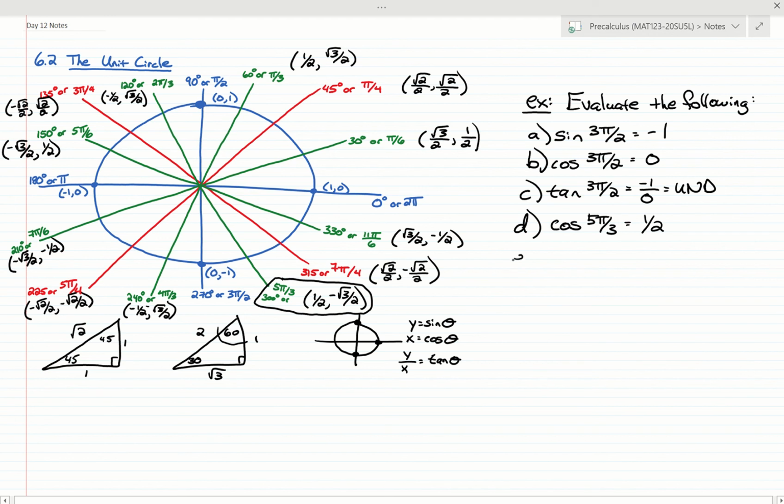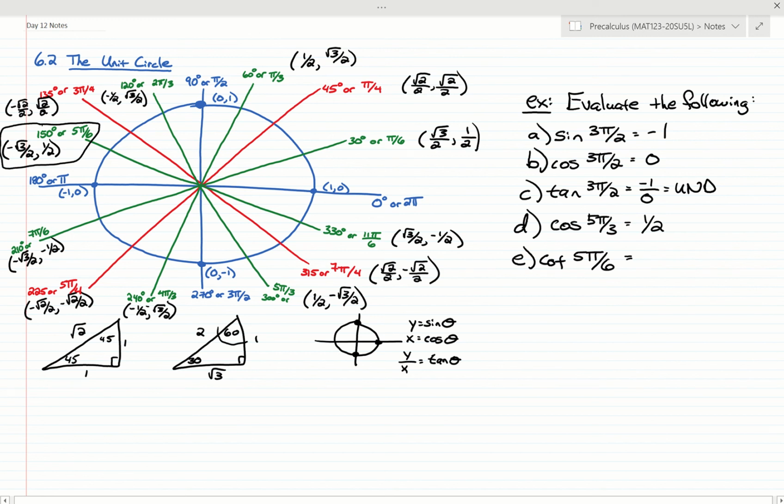Cosine, remember, is the x value. What about the cotangent of 5π/6? Now π/6 is 30 degrees, so 30 degrees times 5 is 150, which puts us over here. So the cotangent is the reciprocal of tangent.